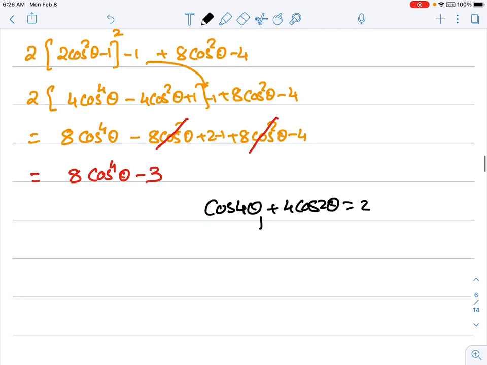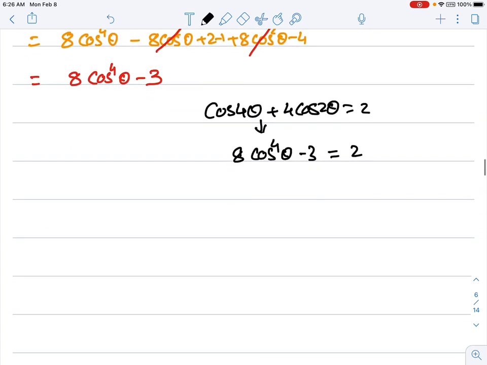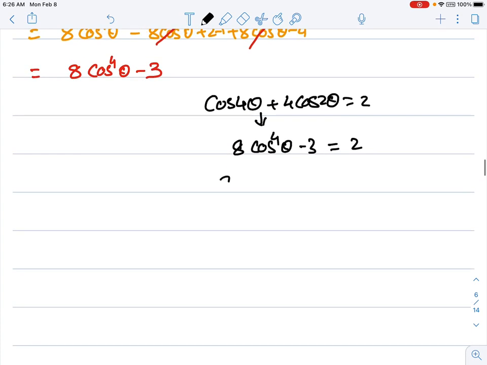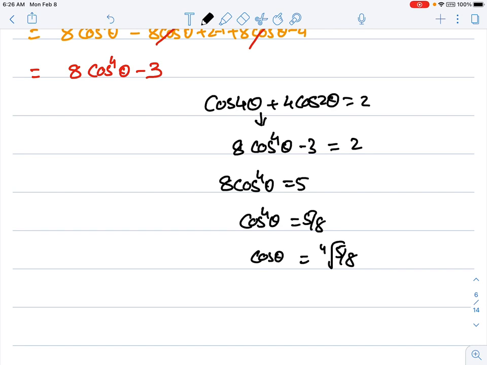Just now we have proved this part is equal to 8 cos to the power of 4 theta minus 3, so is equal to 2. So from there I get 8 cos to the power of 4 theta is equal to 5. Cos to the power of 4 theta is equal to 5 by 8. Cos theta is equal to 4th root of 5 by 8. Now I take the 4th root of 5 by 8.